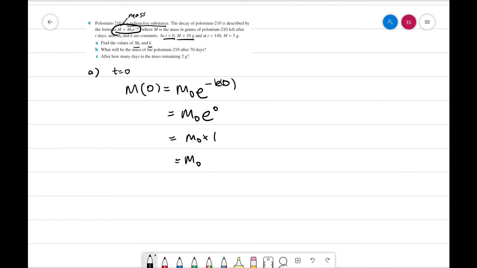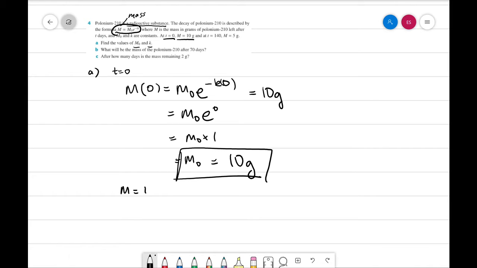And we also know that at t equals 0, the mass is equal to 10 grams. So we know this is also equal to 10 grams. Great, so we've got our equation now. Got 10 out the front, e to the minus kt.